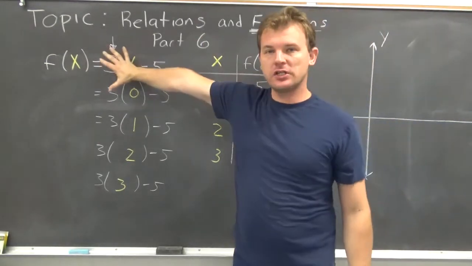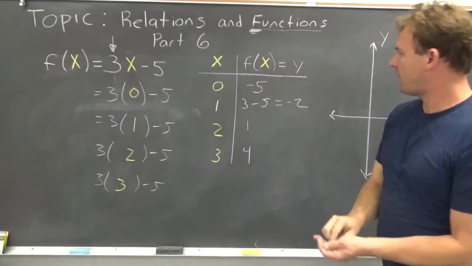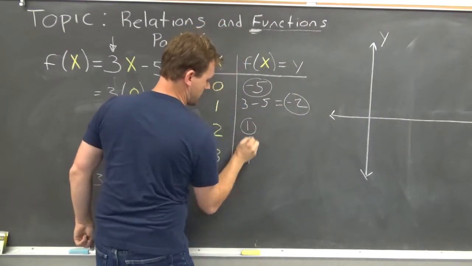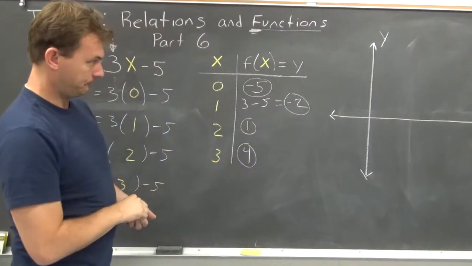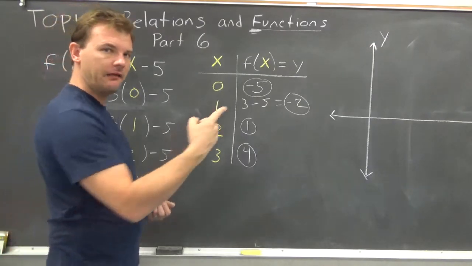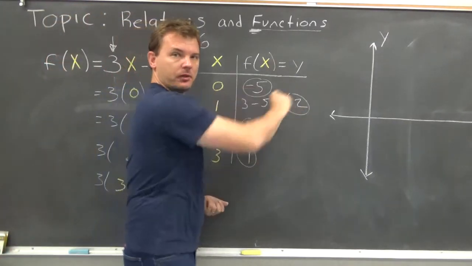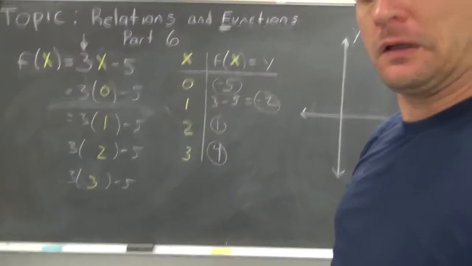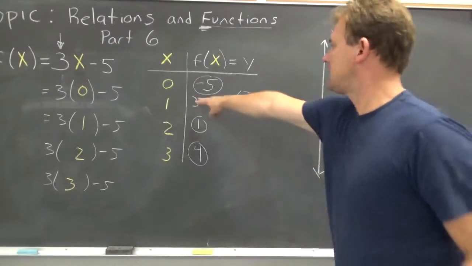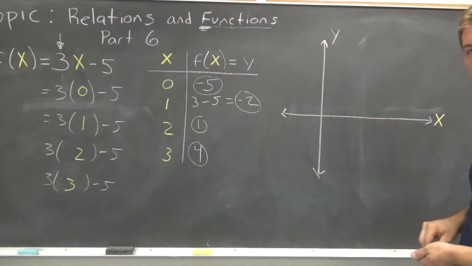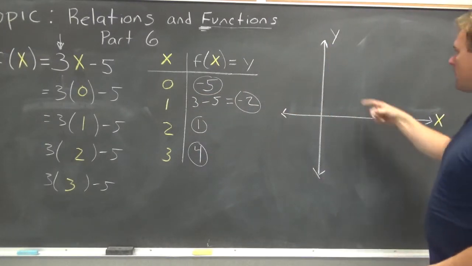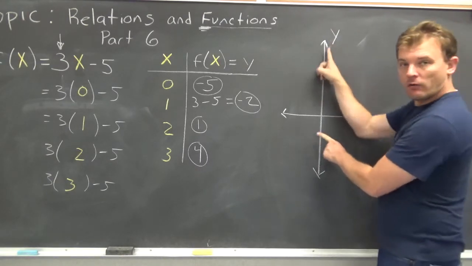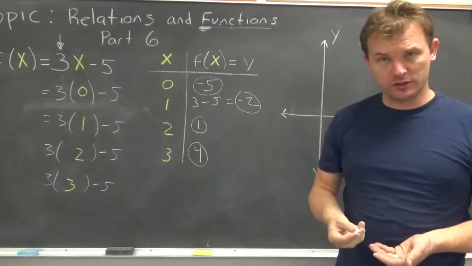So we have our equation, we plug in some numbers, we have our values now. So we have this, this, this, and this. Well, why don't we take this and plug it over here. So now, let's take this and plug it here. Remember, we have our x's and we have our y's. What do you graph first?